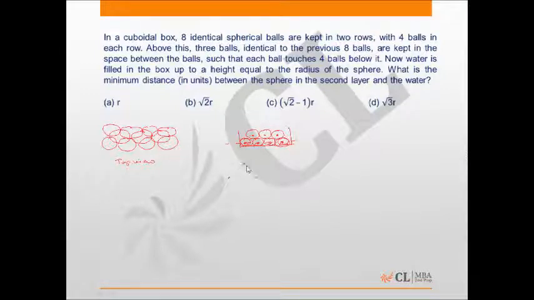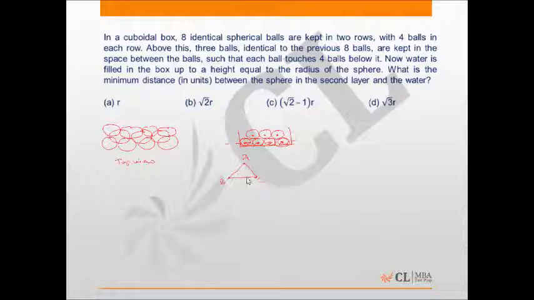What is this? This is a triangle formed by the center of the second layer and the two centers of the lower layer, where A is the center of the sphere in the second layer and B and C are the centers of the spheres in the lower layer.